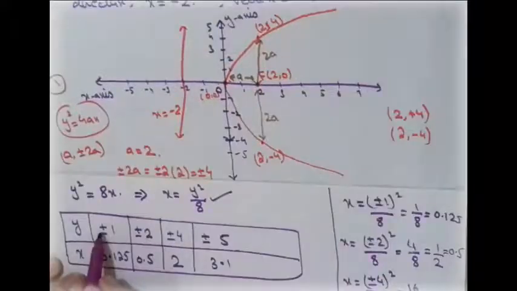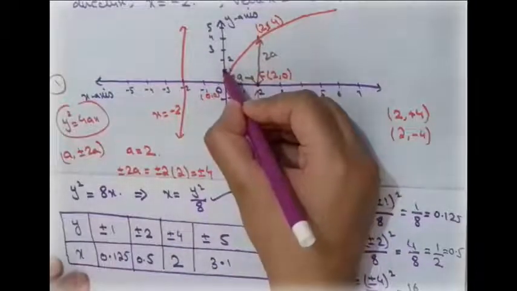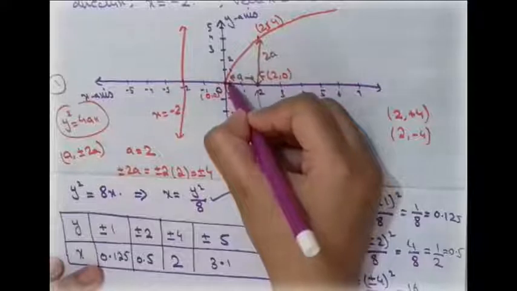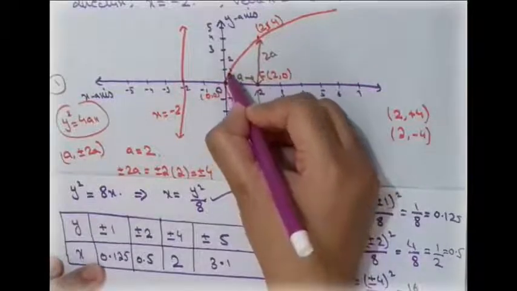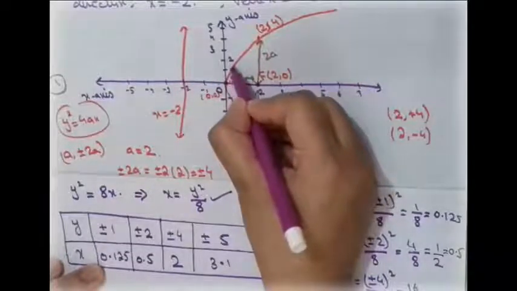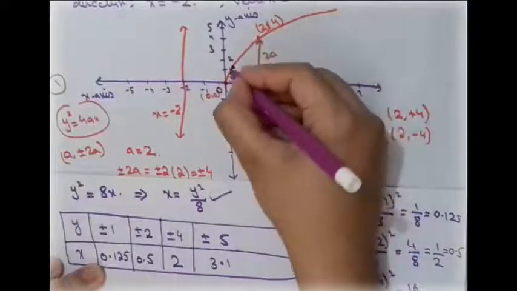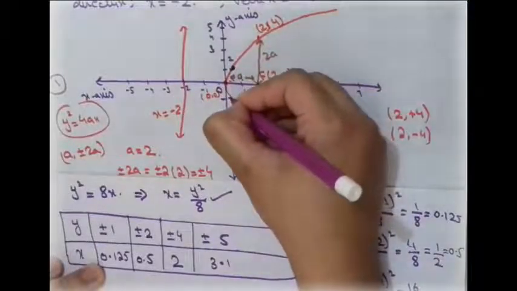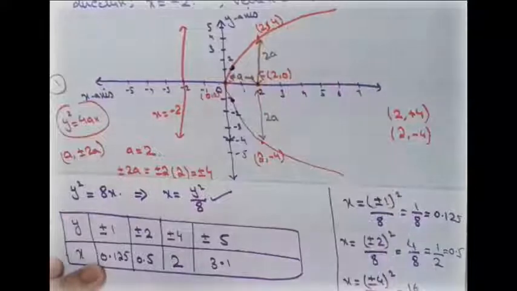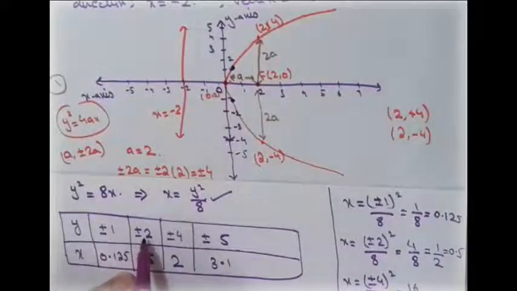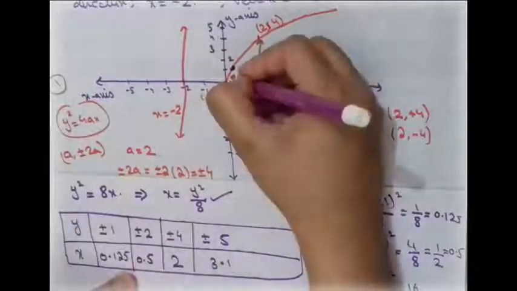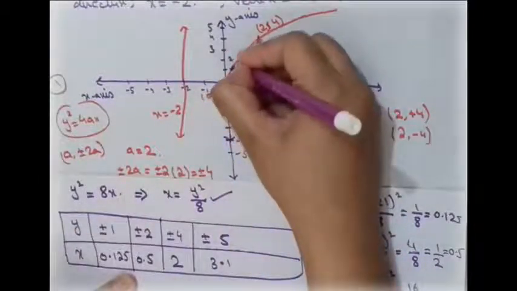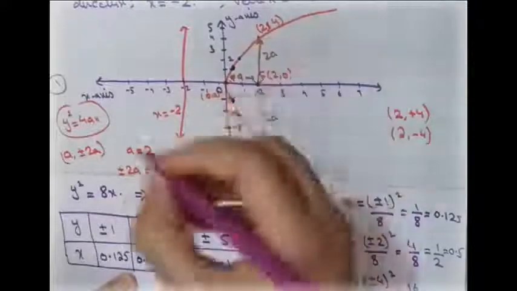The value of y is 1, then the value of x is 0.125, meaning a point is somewhere here, and in a similar way this is a point somewhere here. And if the value of y is positive 2, then x will be 0.5. 0.5 is somewhere here, and here is a point of 2.